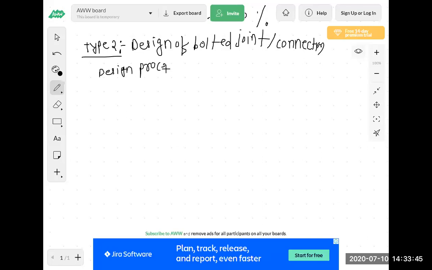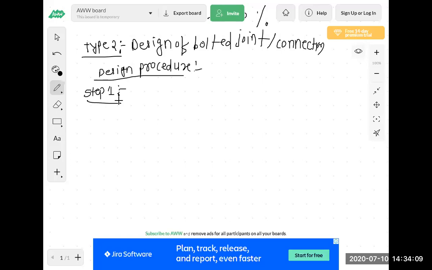This is the design procedure, and we have written the procedure in type 1, that is, the load carrying capacity procedure was there. This is the design procedure. So here, step 1. See, all 4-5 steps are same as type 1.